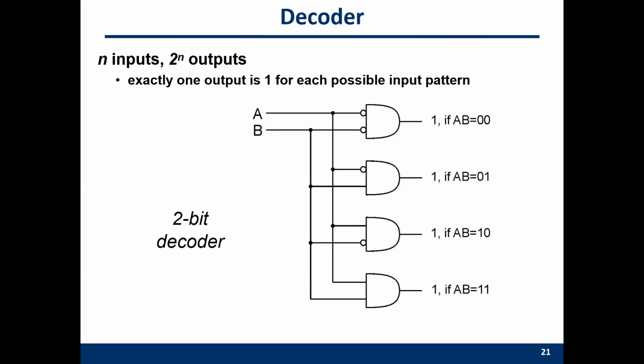If A and B are zeros, then this is 1. You can check these conditions. So by A and B, we can select 1 output here by setting it to 1.